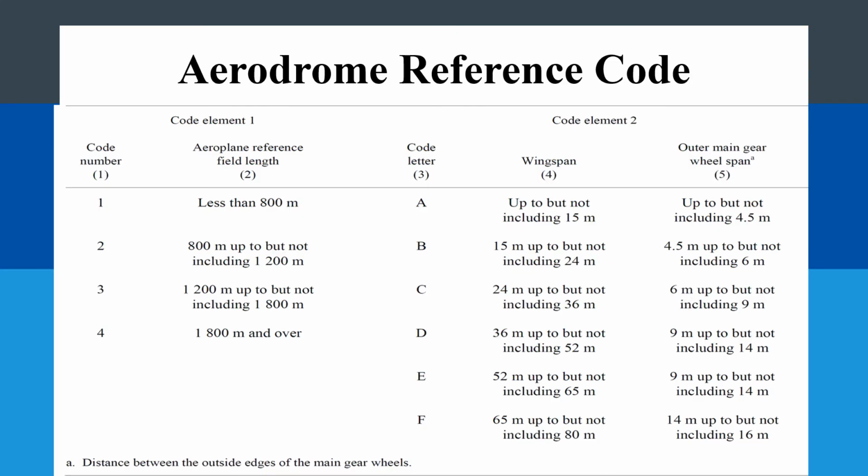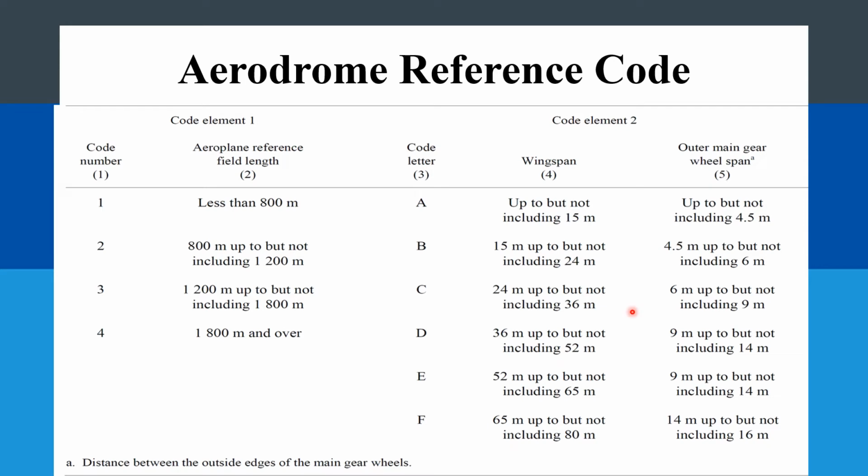So let's look at this table, the aerodrome reference code. On this table, you discover that we have a code number for code element 1. And then code element 2 is made up of the wingspan and the outer main gear.